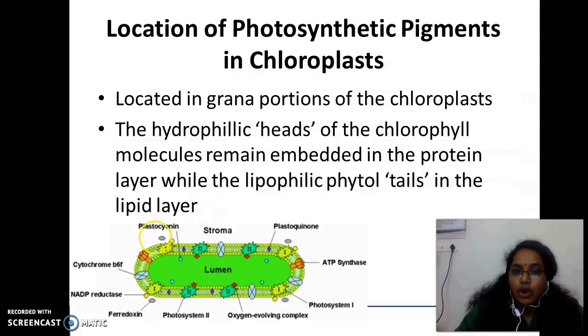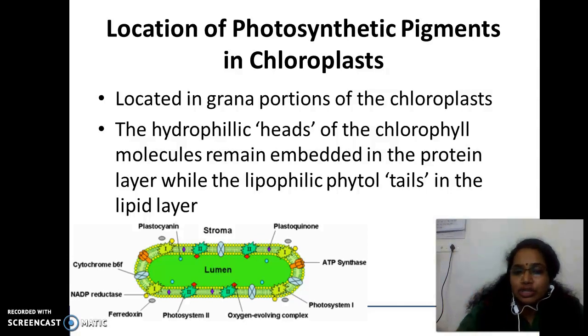Coming to the location of photosynthetic pigments in the chloroplast. Generally, these pigments are located in the grana portion of the chloroplast. The hydrophilic head of the chlorophyll molecule remains embedded in the protein layer, while the lipophilic tail is seen in the lipid layer.